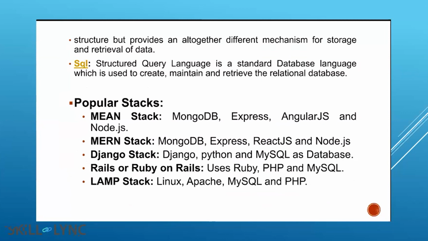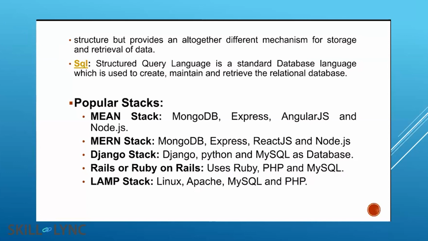And here, when we go and learn full stack development, there are two easiest ways you can go. One is the MEAN stack, where people go with MongoDB, Express, Angular, and Node. Similarly there is the MERN stack also, with MongoDB, Express, React and Node.